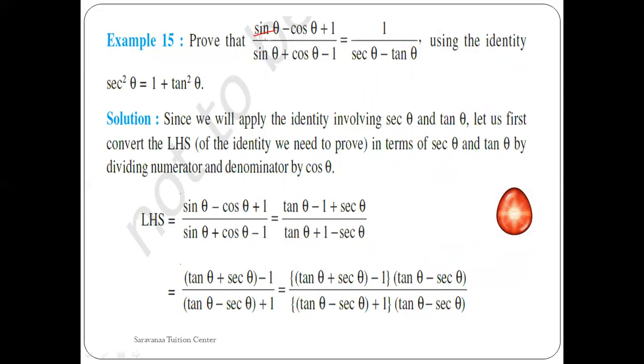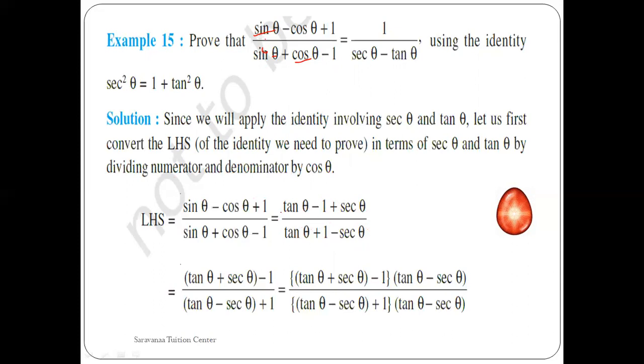Sine by cos, cos by cos, and 1 by cos. Sin theta by cos theta plus cos theta by cos theta minus 1 by cos theta. You get tan theta minus 1 plus secant theta. Sin by cos is tan and 1 by cos is secant. Cos by cos is 1. So tan theta minus 1 plus secant theta by tan theta plus 1 minus secant theta.